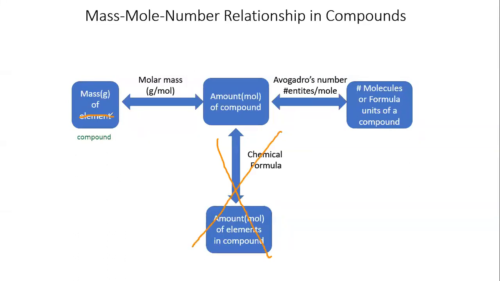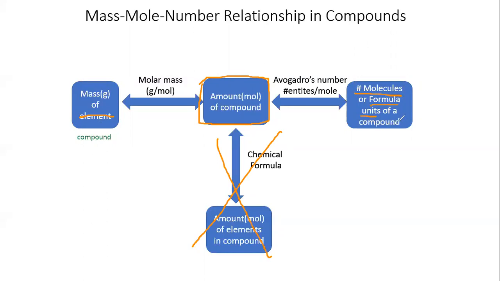So for compounds, we take the mass of the compound. Again, we convert it to moles of the compound. And then once we have the moles of the compound, depending on whether it's a covalent compound or an ionic compound, we can determine the number of molecules for a covalent compound or the number of formula units for an ionic compound.